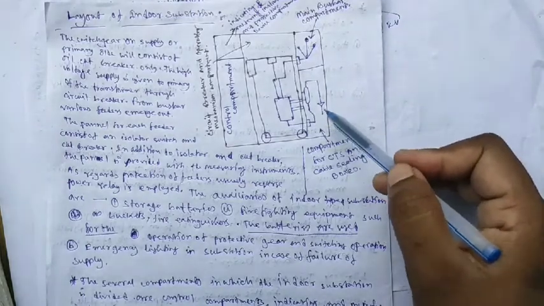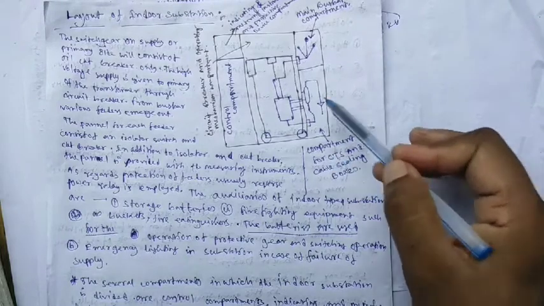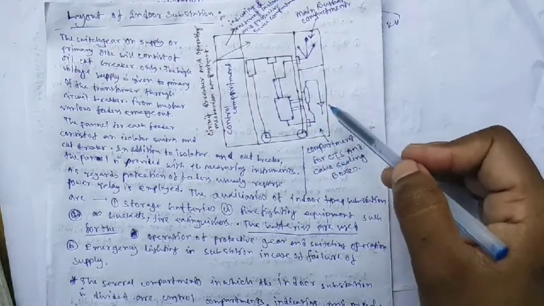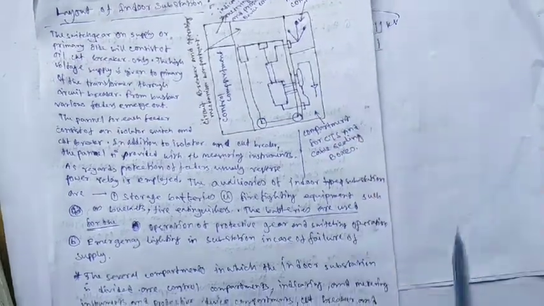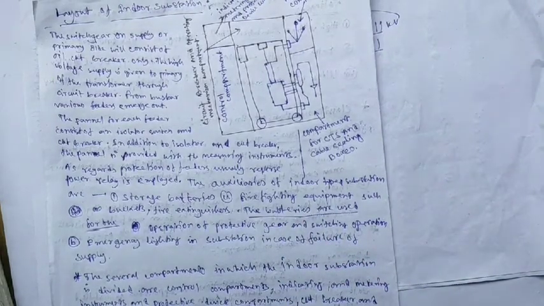This portion is used for cable sealing boxes and the compartment for CTC. So first of all we also discussed the auxiliary indoor type substation.